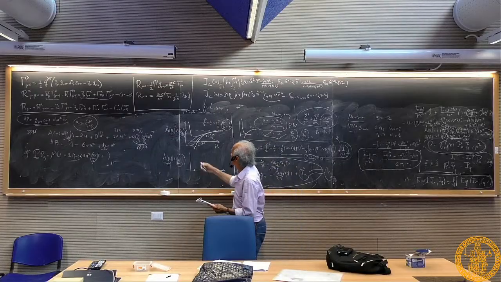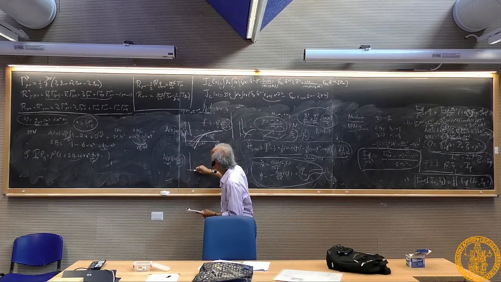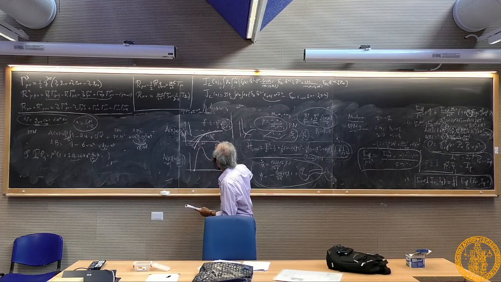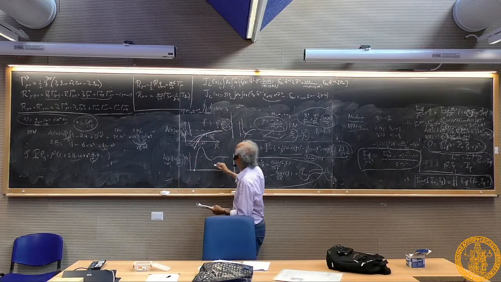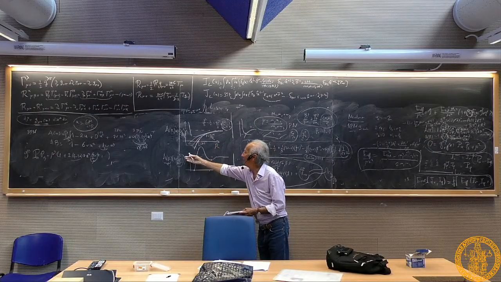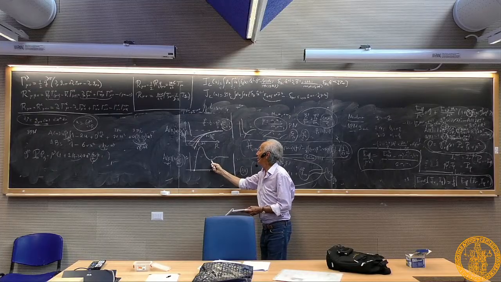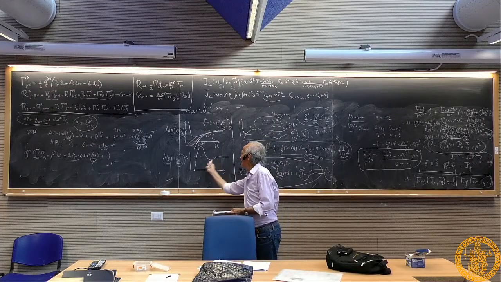So what happens here is the same thing. If L is large enough, the fact that it vanishes here means I have something like this, and therefore this goes to 1 at infinity. And then we see that if L is large enough, there will be circular orbits if I put the thing here.